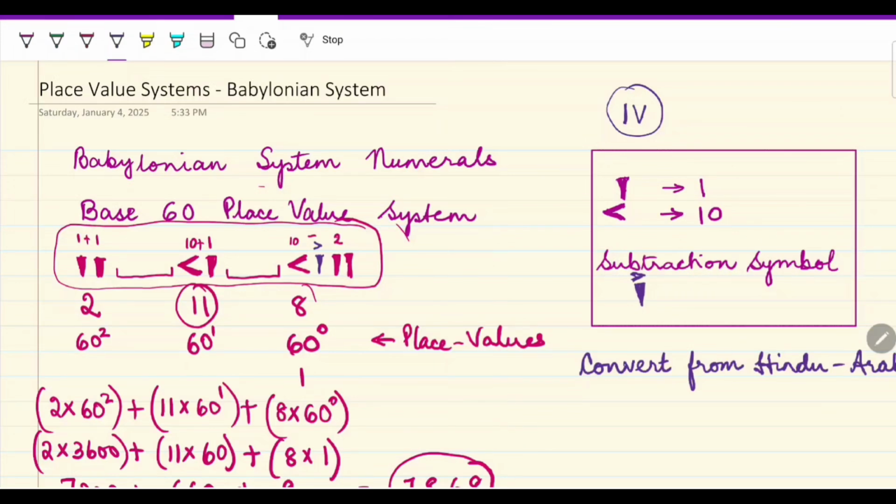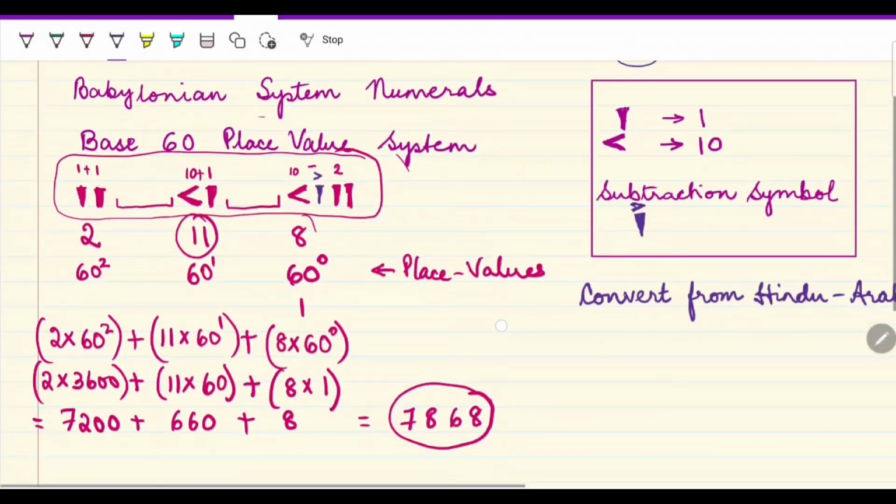They support a subtraction operation as well to represent their numbers, and they use a base 60 place value system. We learned about that, and then we went through an example of how to convert from the Babylonian numeral to the Hindu Arabic system.